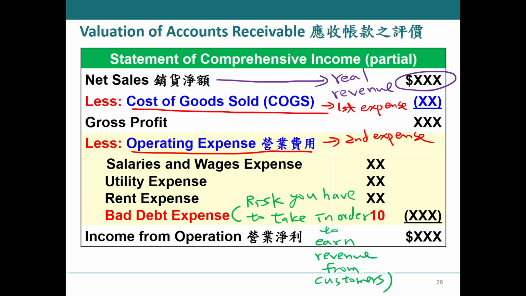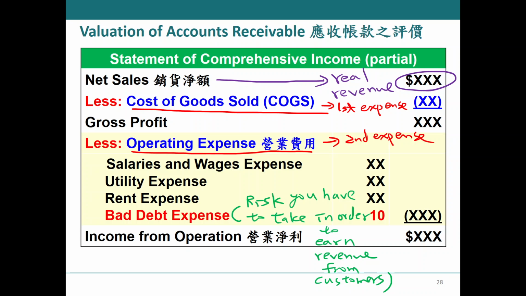So still, in order to earn the revenues, we have different kinds of situations happen. So don't forget, bad debt expense, 坏账费用, is also part of our operating expenses. In order to do the operating activities, in order to sell the product to customers, we have different kinds of situations incurred. Okay?